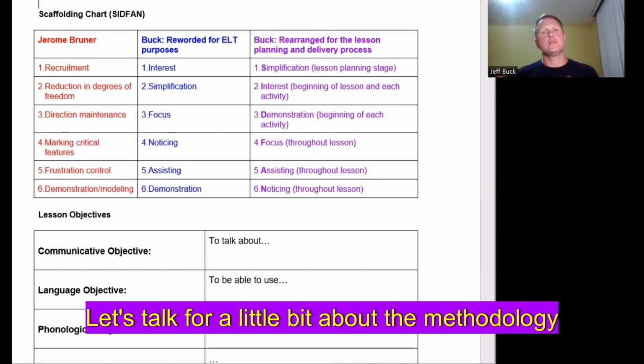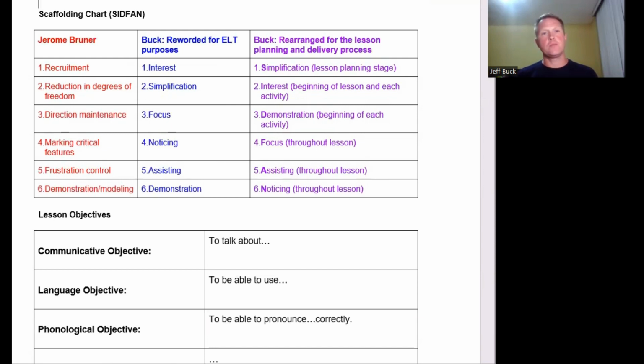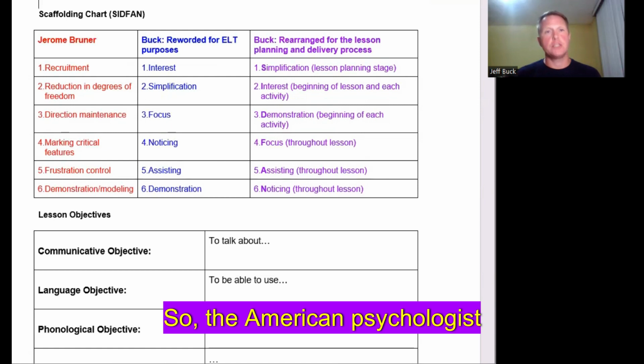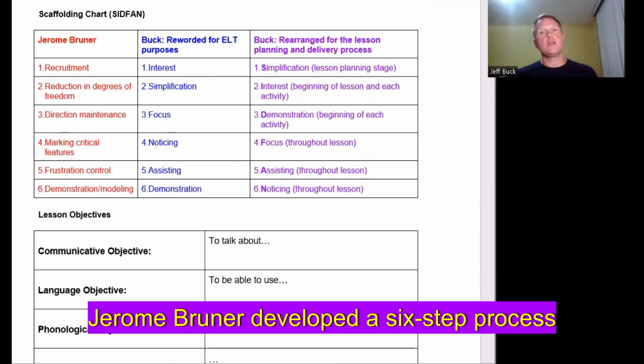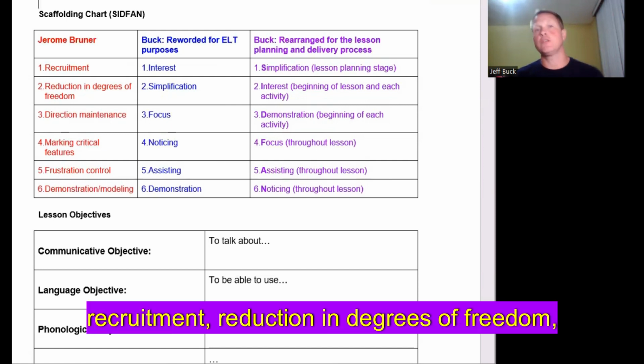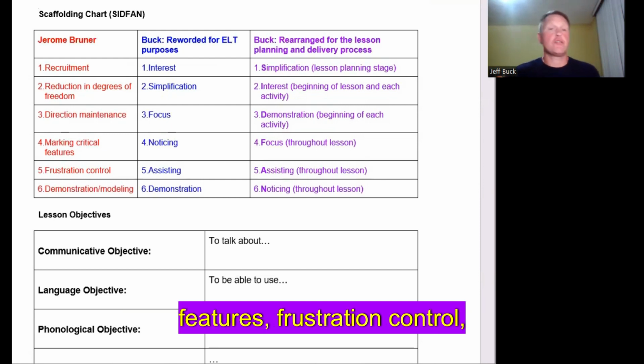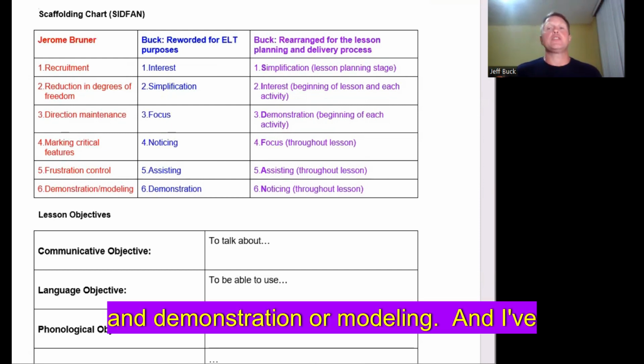Let's talk for a little bit about the methodology for this lesson plan. So, scaffolding. The American psychologist Jerome Bruner developed a 6-step process for teaching anything: recruitment, reduction in degrees of freedom, direction maintenance, marking critical features, frustration control, and demonstration or modeling.